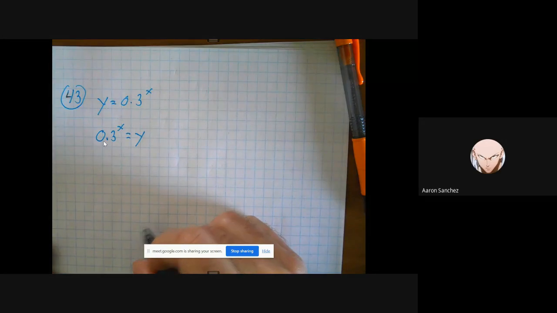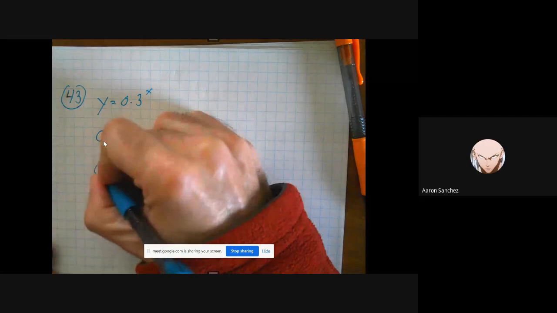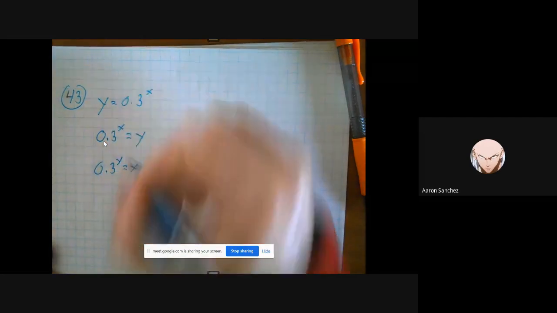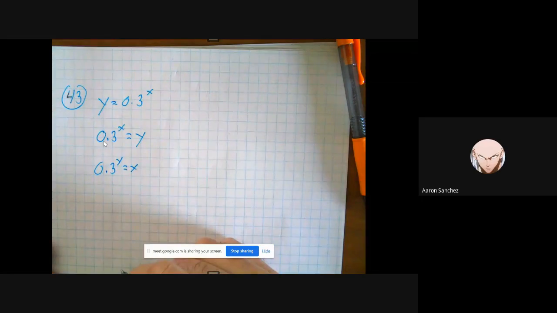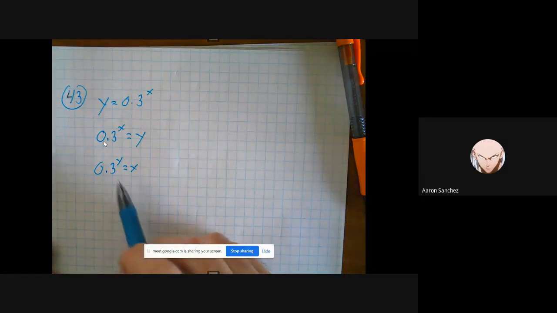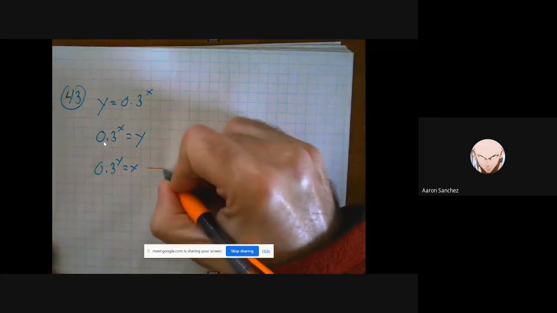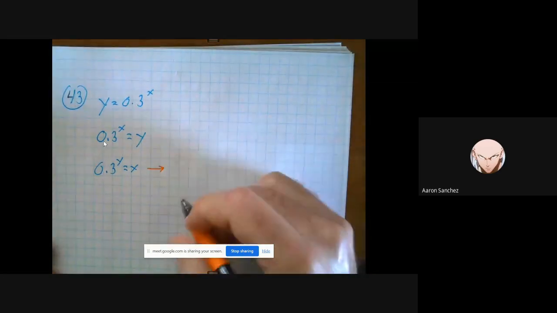For the inverse, you switch the x and the y, and then you solve for y. Now, we don't know how to get y by itself if it's in the exponent. However, we do know how to get y by itself if we write it as a logarithm. So let's write it as a logarithm.